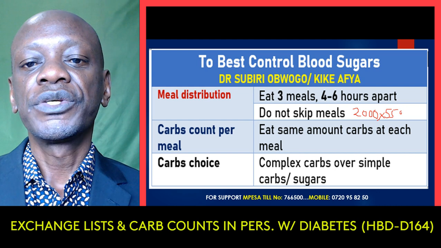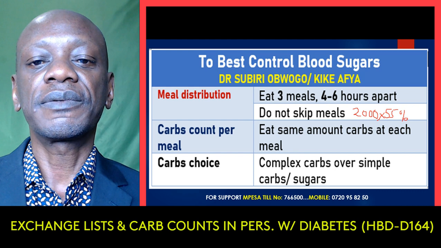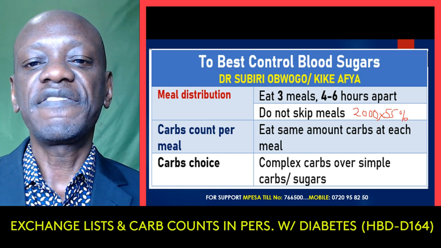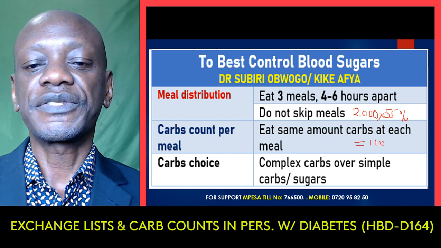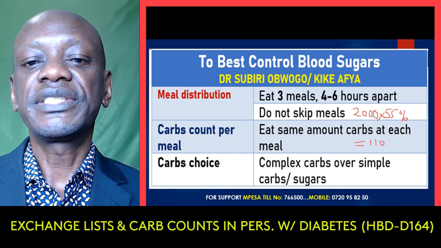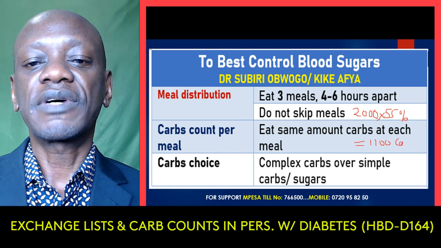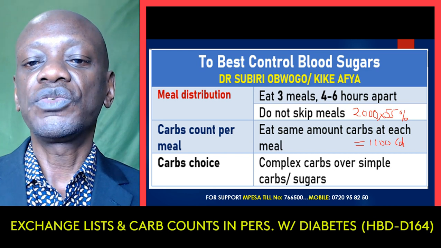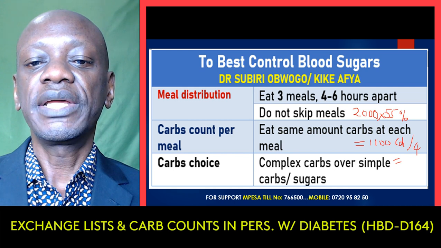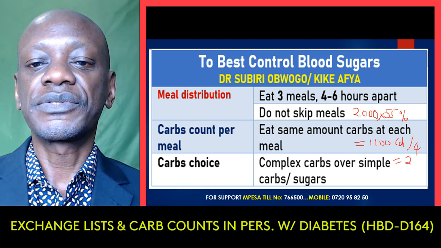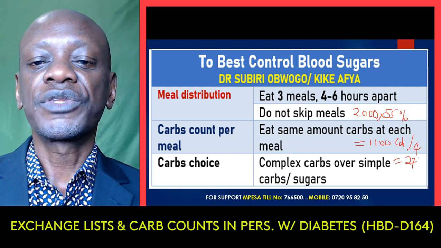So on a 2000 calorie diet, for me to know how many calories should come from carbs, I multiply 55% of 2000. That gives me 1100 calories. Now, we want to get this into grams, and we know that 1 gram of carbohydrates is equal to 4 calories. So divide this by 4. That gives us 275 grams of carbohydrates.